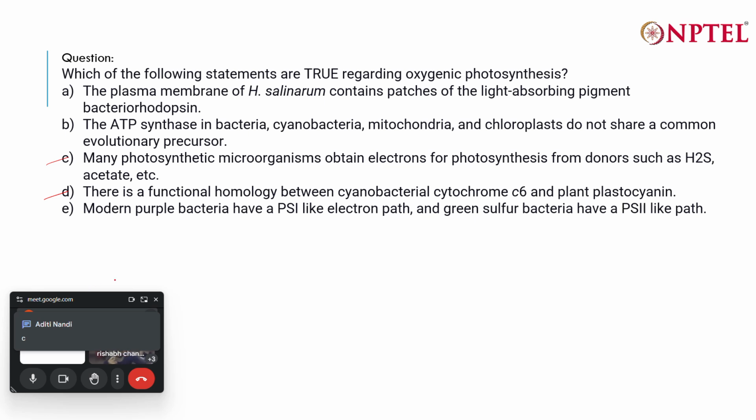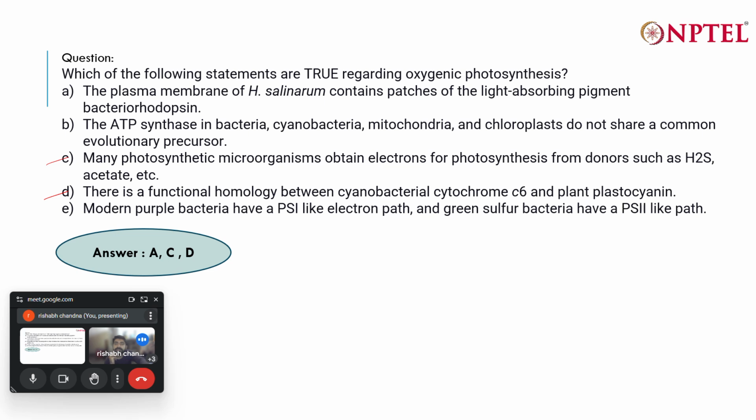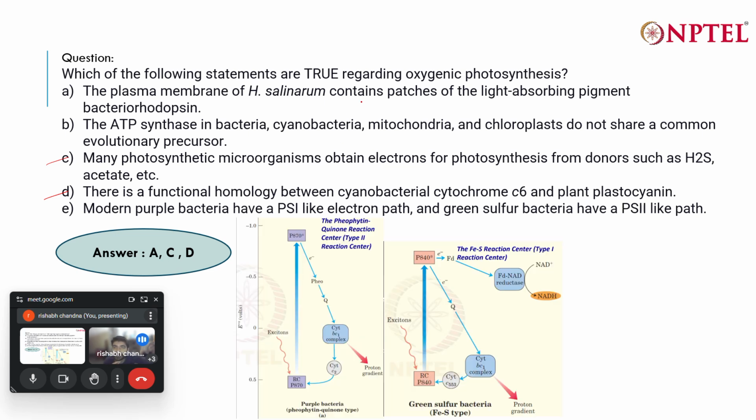Okay, so let's see the answer. So it's A, C, and D. So the plasma membrane of Halobacterium salinarum contains patches of light-absorbing pigment bacteriorhodopsin. Okay, so yes, this is correct.